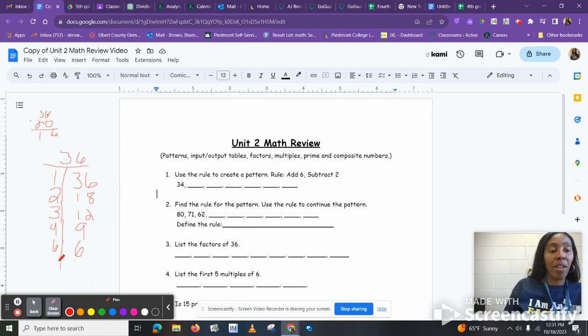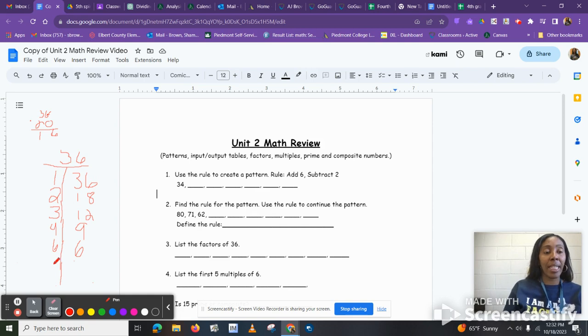And 7. Is there anything I can multiply by 7 to get 36? Once the numbers get bigger, it's easier to tell at that point because you can add groups of 7. If I add groups of 7, I'm never going to hit 36. It's going to be 35 because 7 times 5 is 35. Then that means if I add 7 more, that's going to be 42. So 7 is not a factor of 36.